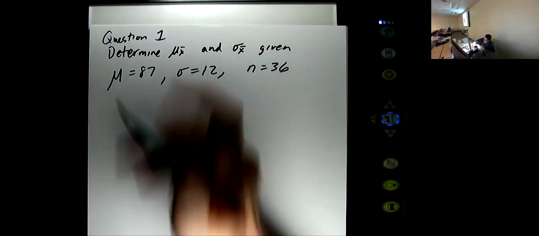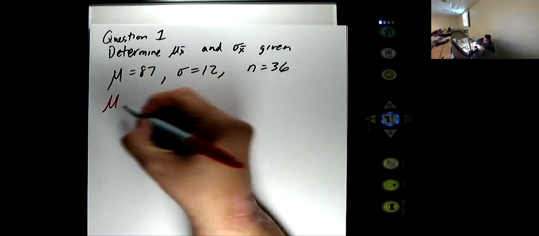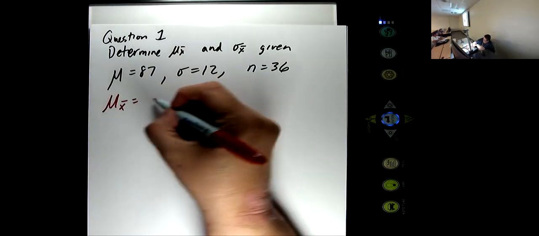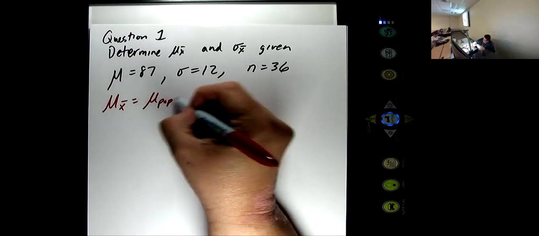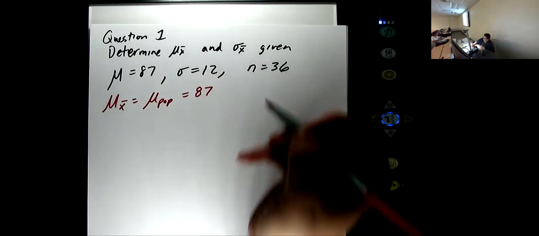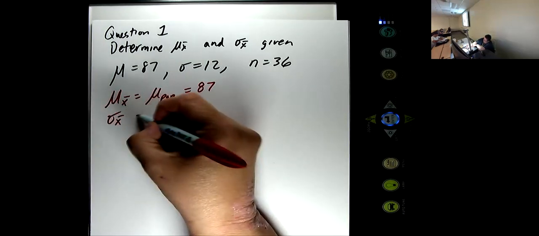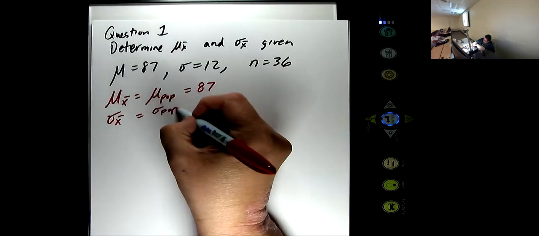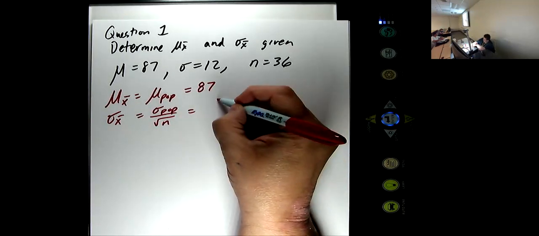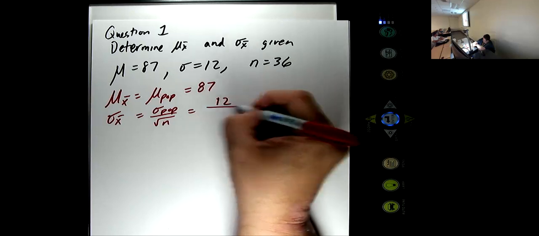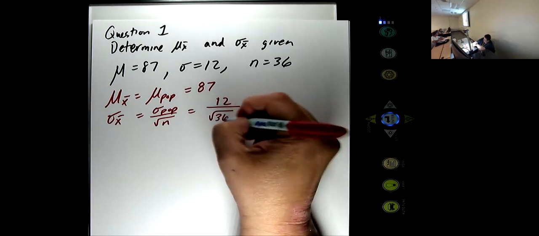All right. So, assuming you have that written down, mu of x bar is the same thing as mu of the population, which in this case is 87. Sigma x bar is sigma of the population over the square root of n. This is 12 divided by the square root of 36.